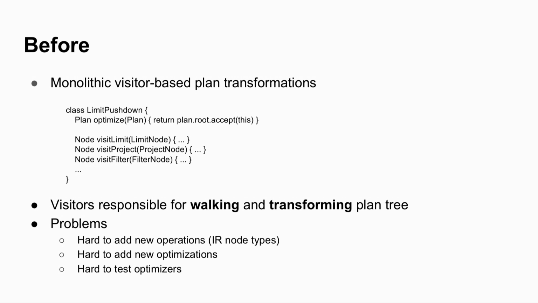This has a bunch of problems. They are visitor-based, which means that the optimizers are responsible for applying the transformation as well as walking the plan tree and making decisions about how to walk the tree, in what order, and how to apply the transformation rules.